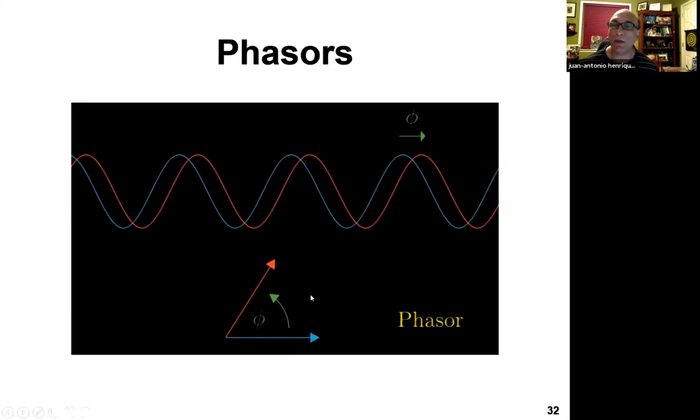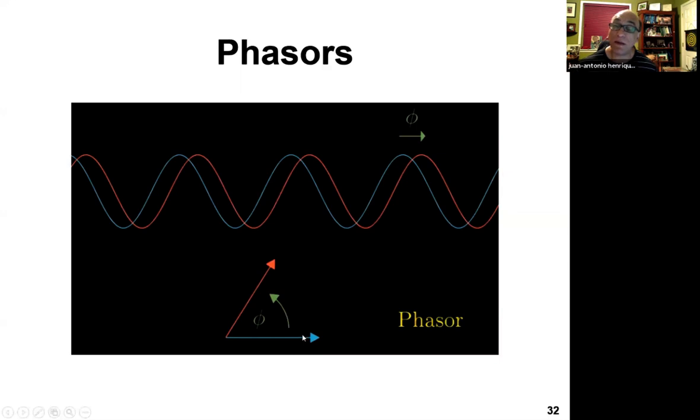In any case, if you're standing at this point on the horizontal axis, and these two arrows are moving counterclockwise, the first one you'll see is the blue one.